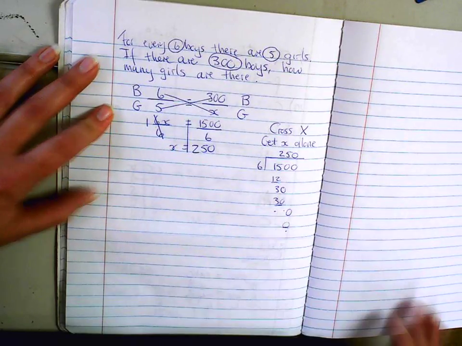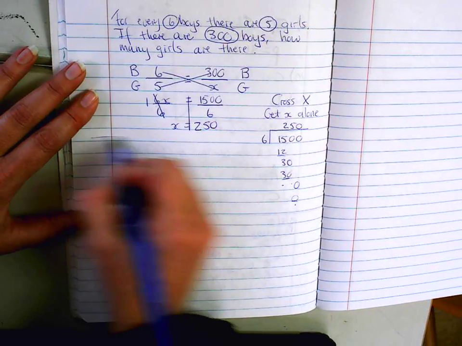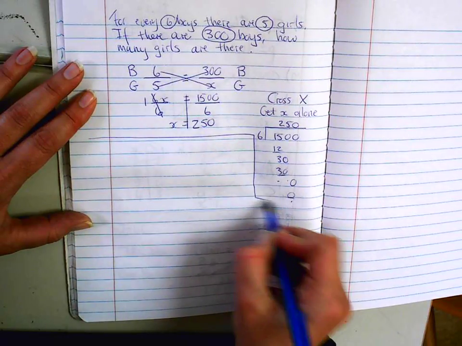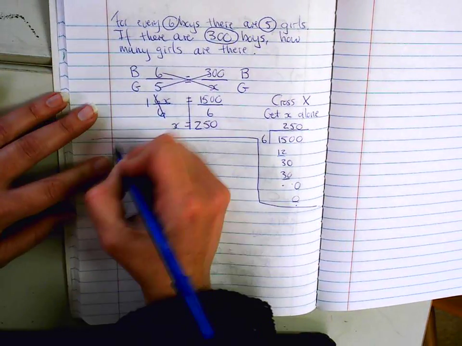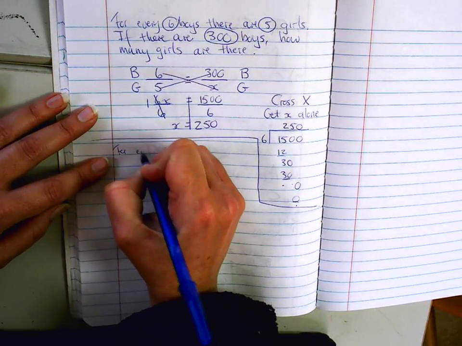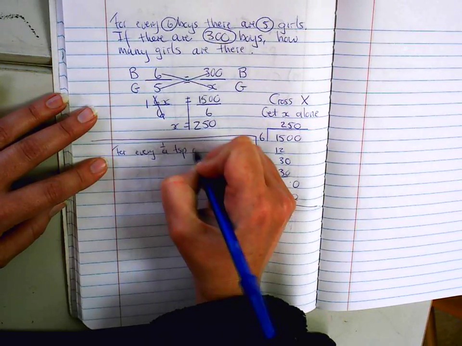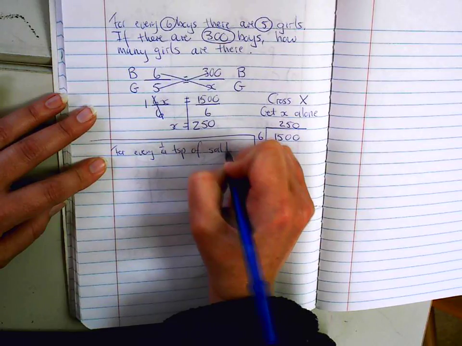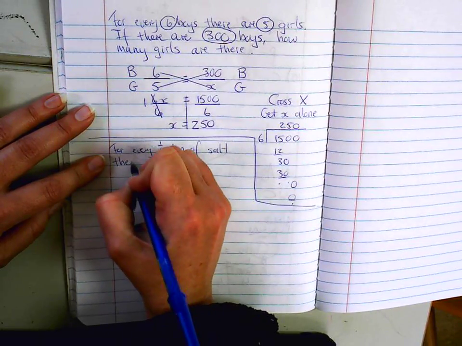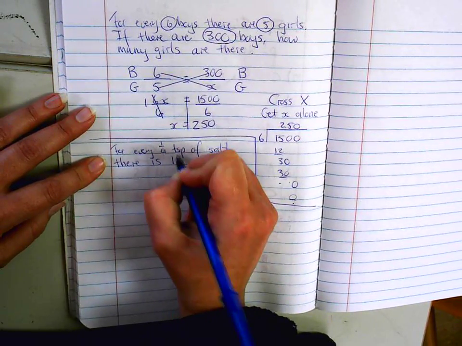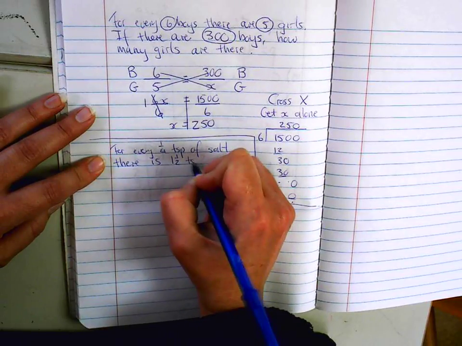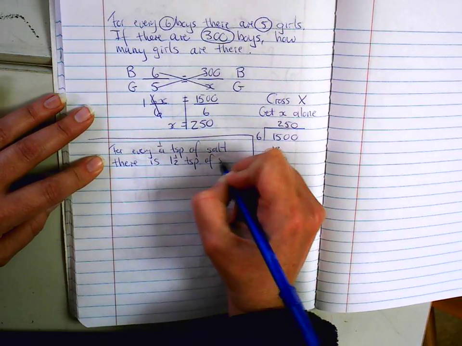But what if we have something that looks like this? Let me just cordon that off. Okay? I say, for every 1/4 teaspoon of salt, there is 1.5 teaspoons of sugar.